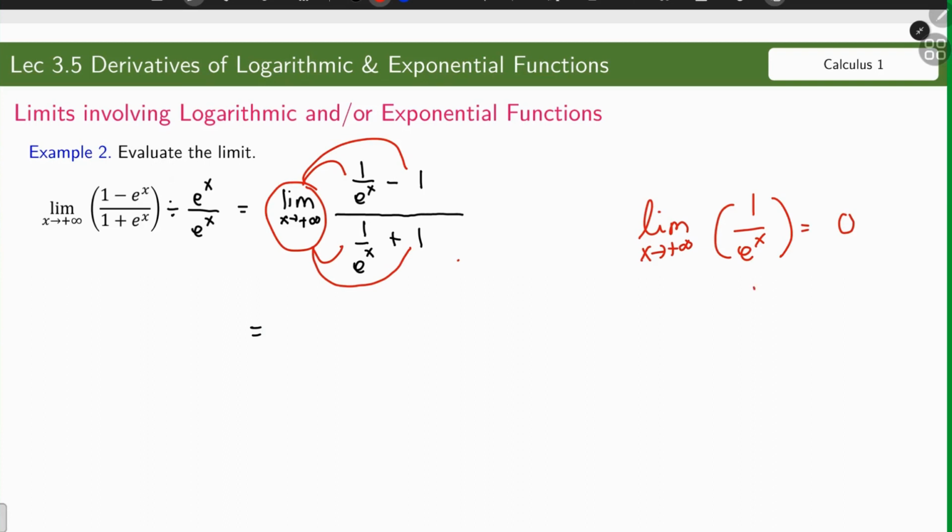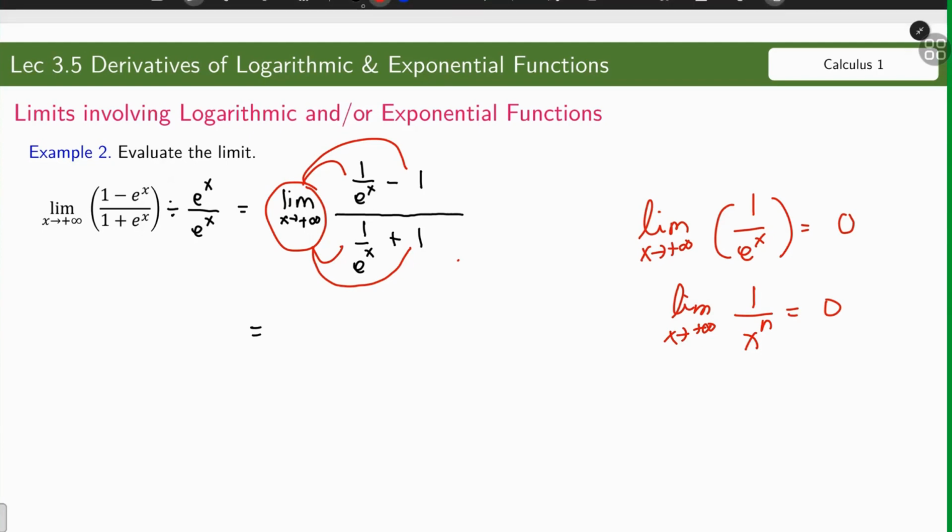Just like earlier, we have 1 over x raised to n. As x approaches infinity, this also becomes 0. Take note that when we have a denominator that is going to be very, very large, it will approach 0. 1 over e raised to x will approach 0 as the limit.